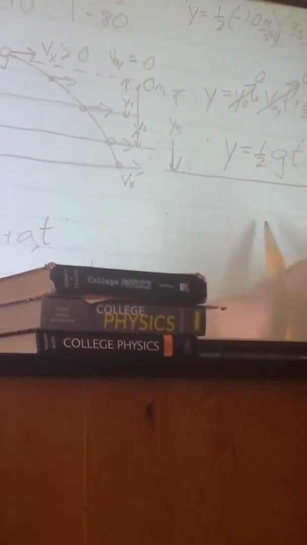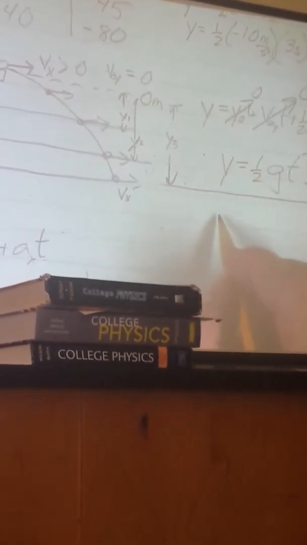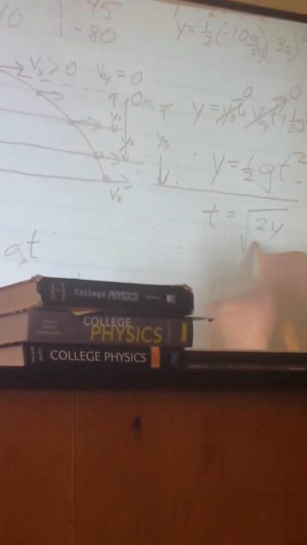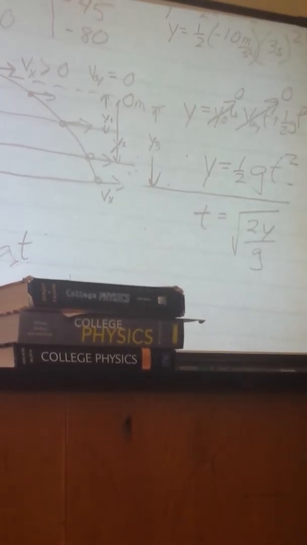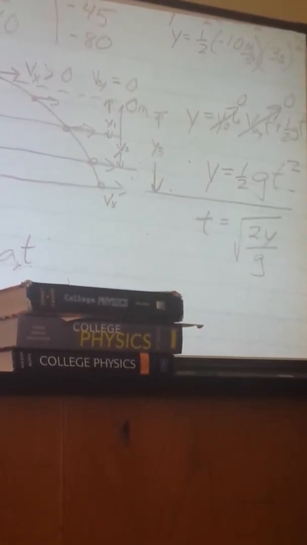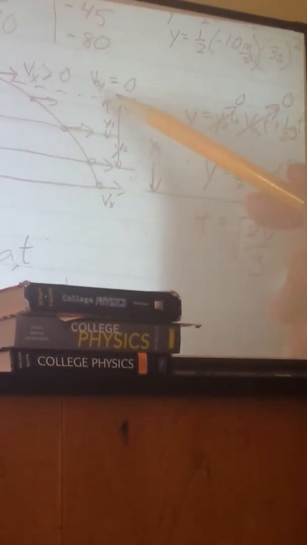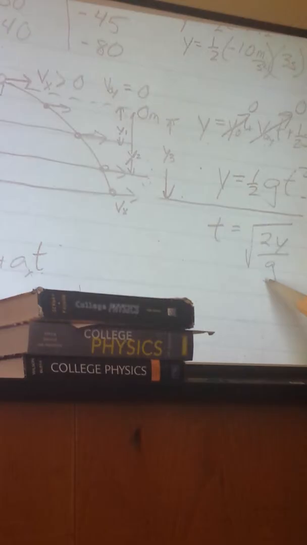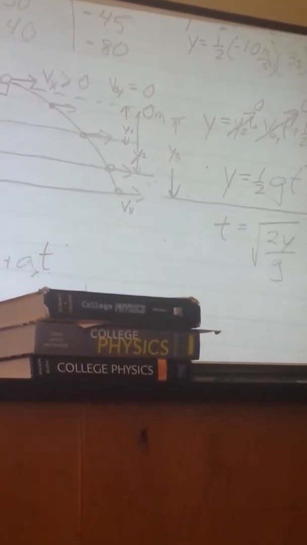Okay, what do I divide by? Okay, and then take the square root. Okay, so I find that time is actually the square root of 2 times y over g. Okay, and you can measure y. You can measure that, that's no problem. We know what g is. That's good. All right, so we can get a time.